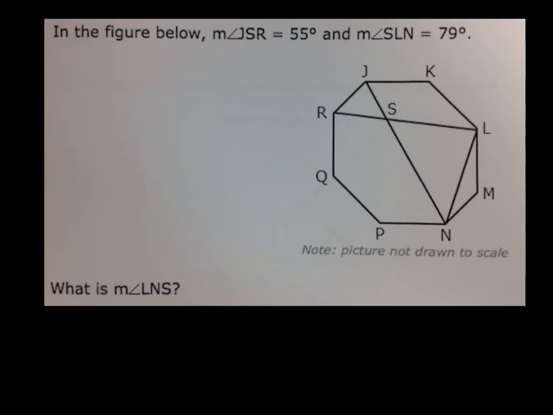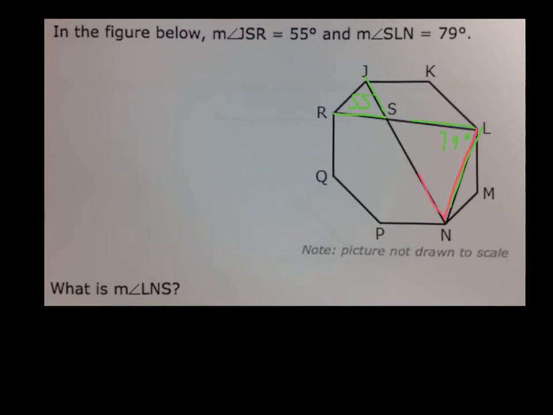This one also looks like a lot of fun, but I'll tell you what, it's really not that bad. Okay, we have that the measure of angle JSR, that's right up here, is 55 degrees. And we know that the measure of angle SLN, that's right here, is 79 degrees. We need to figure out what the measure of angle LNS is, so we need this one down here.